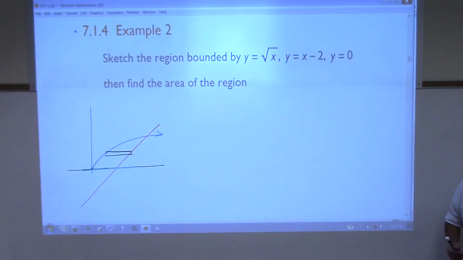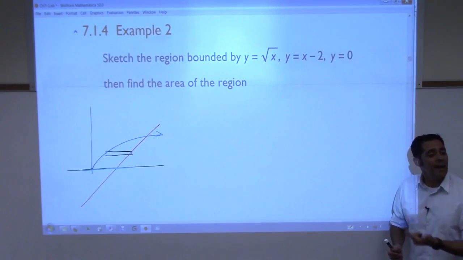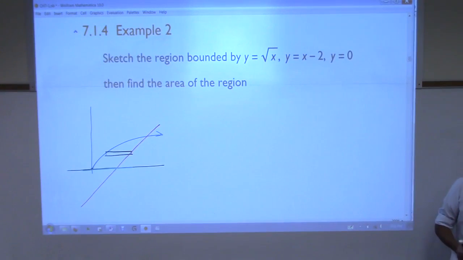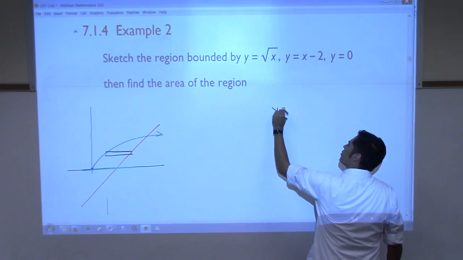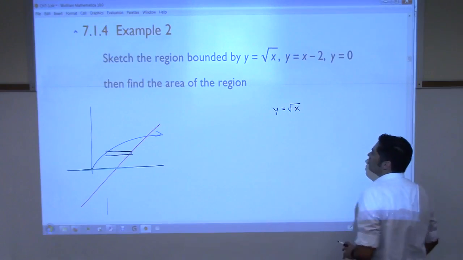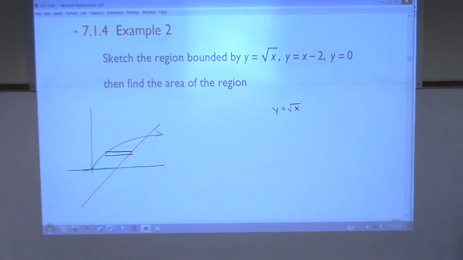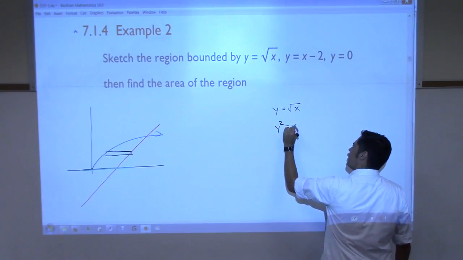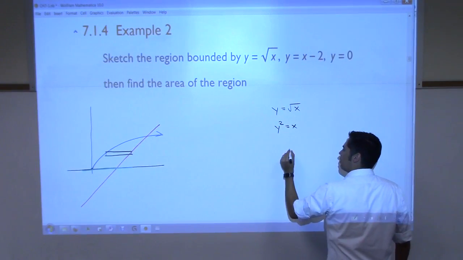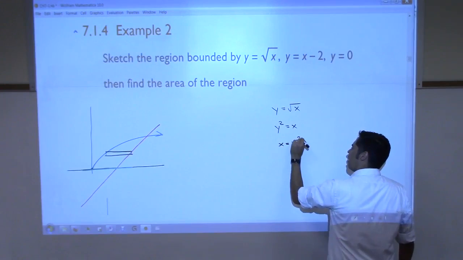So how do we do that? Solve for x instead of solving for y. So take a look at each of these. y is equal to root x. Can you solve that for x? Square both sides. So you get y squared is x. In other words, x is y squared.